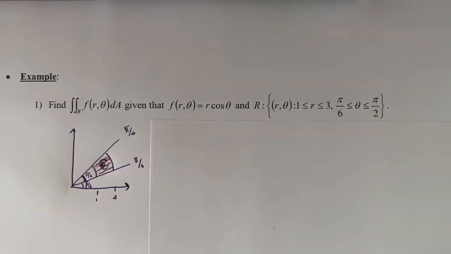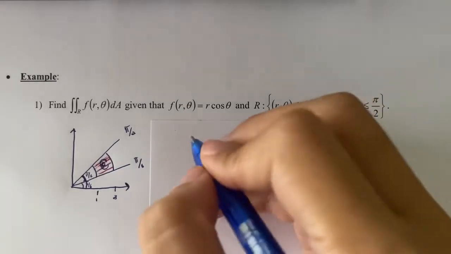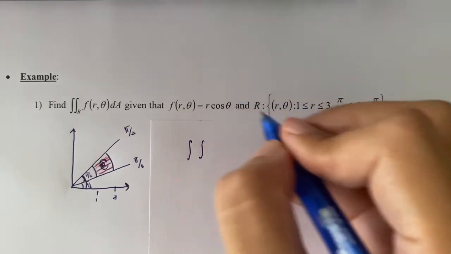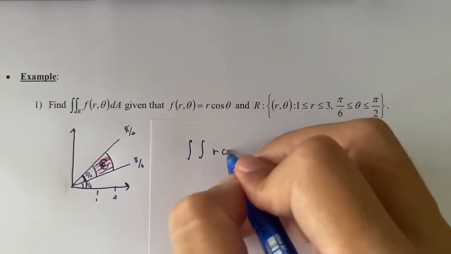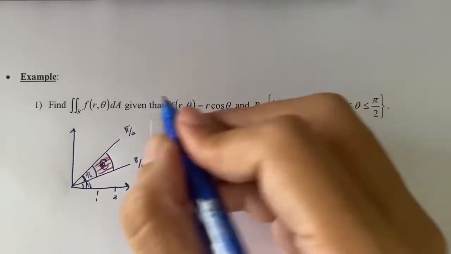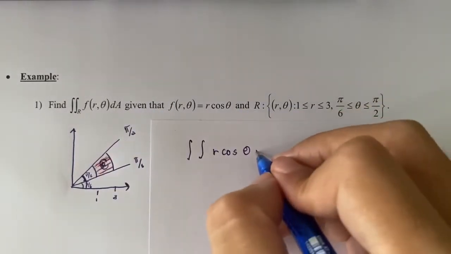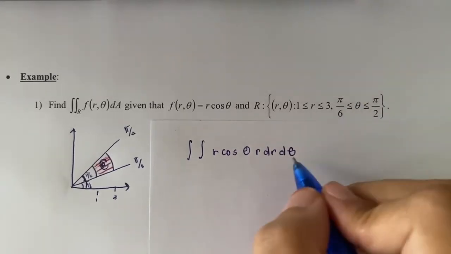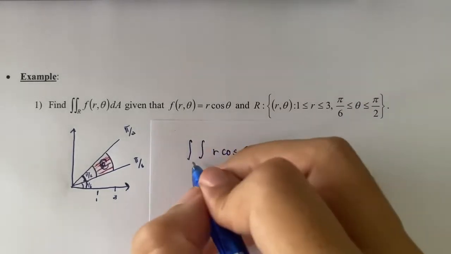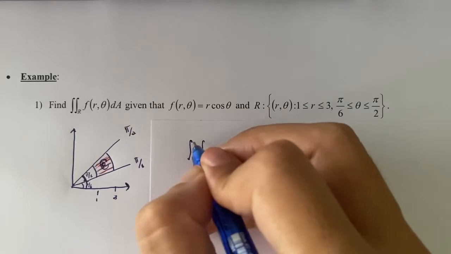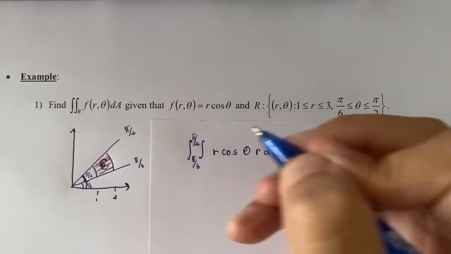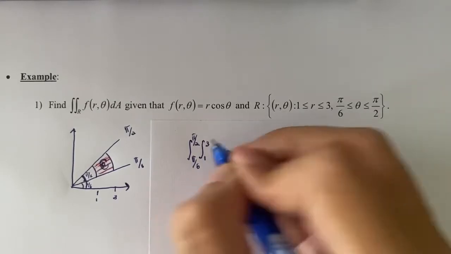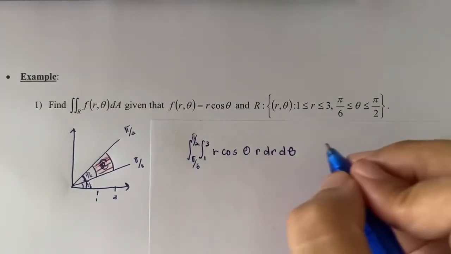Then for double integrals in polar coordinates, we substitute our f(r, theta), so we have r cos theta, and do not forget that dA is equal to r dr d theta. Then substitute the limits: the theta lower limit is pi over 6 and upper limit is pi over 2, and the r limit is from 1 to 3.